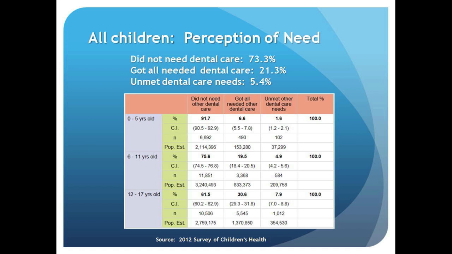Okay, here we go with the perception of need, and it just depends on who you're asking and what you're asking. So in this particular one, most parents, 91.7% of 0 to 5-year-old children, said their child did not need any dental care.